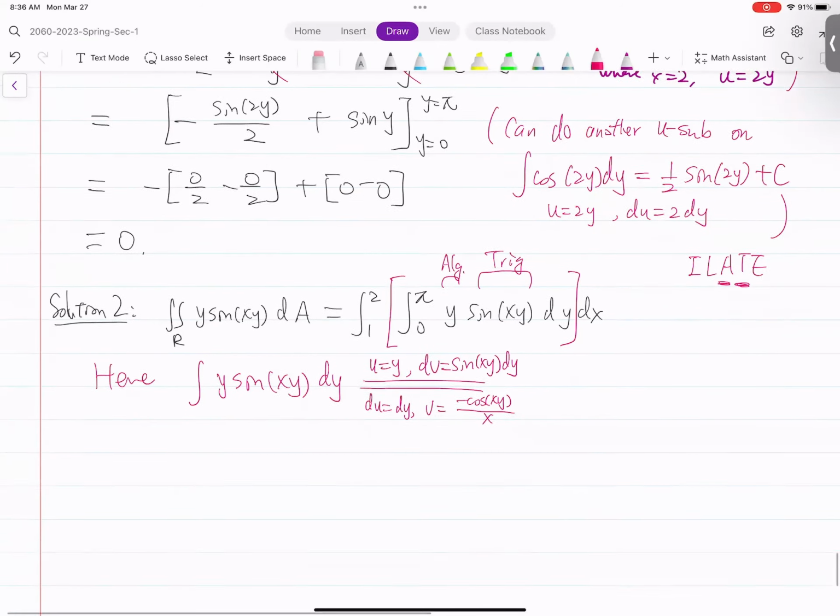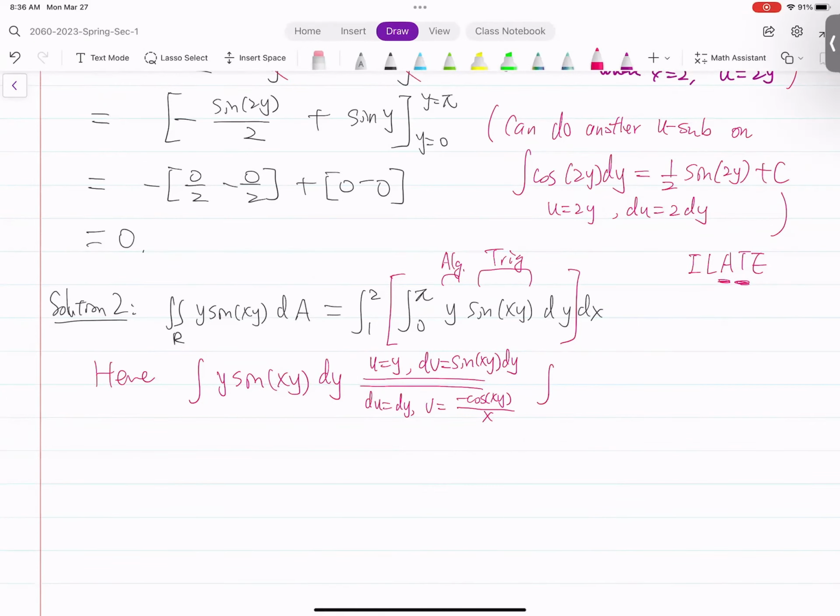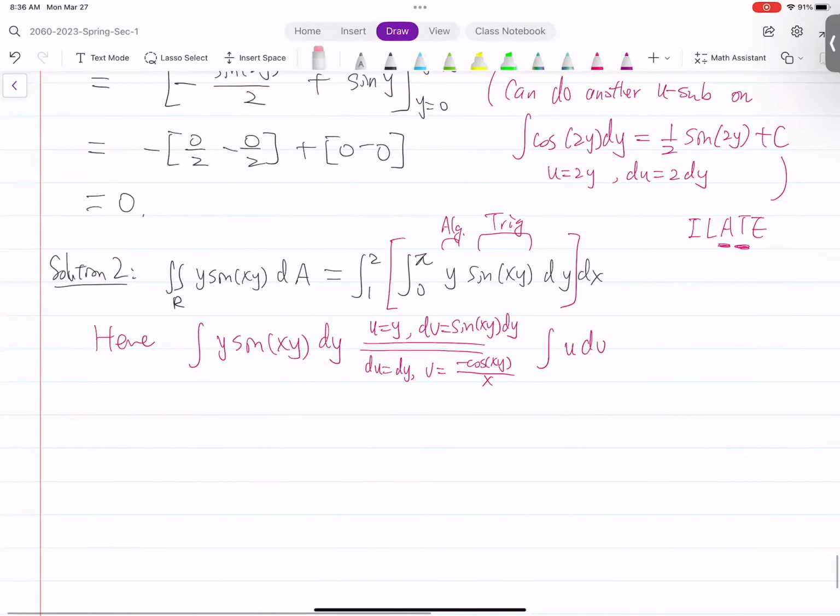So this becomes direct substitution: y is replaced by u, and the rest is replaced by dv. Integration by parts tells you this equals uv minus the integral of v du.